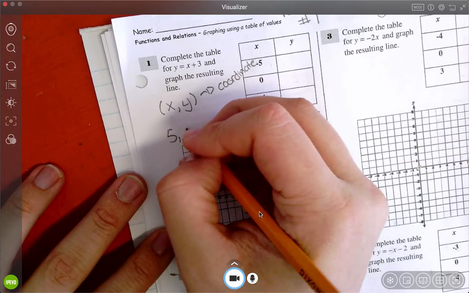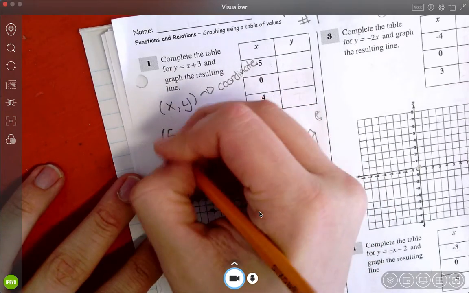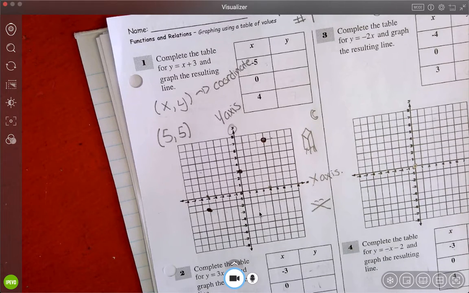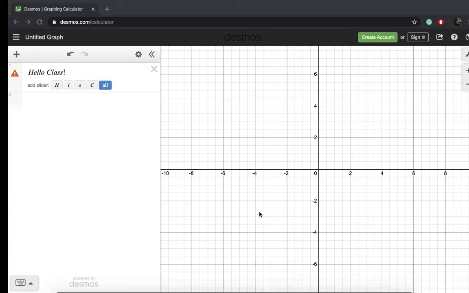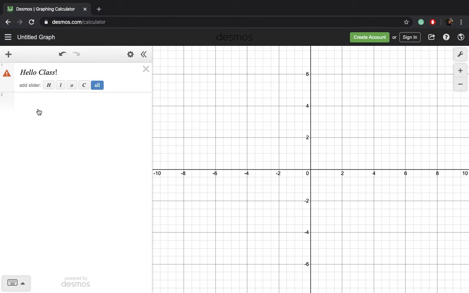5, 5. Let's start with that. So that's my coordinate. I'm going to do it with you guys. My logic, when I do this, is I start with x first. My first 5 was with x.